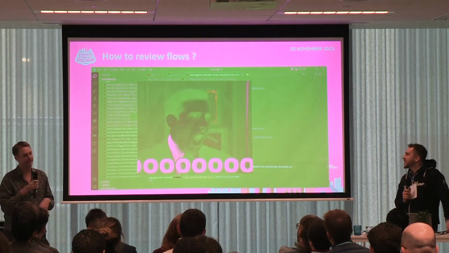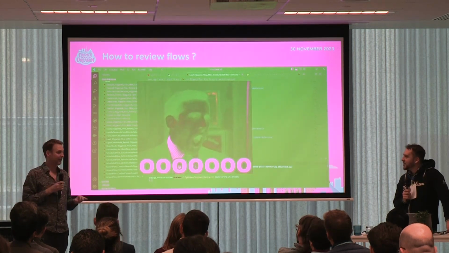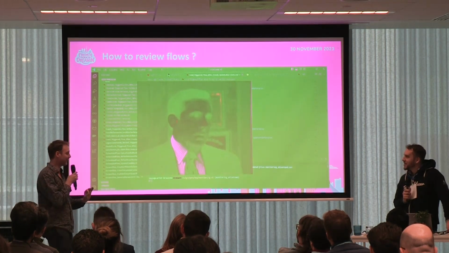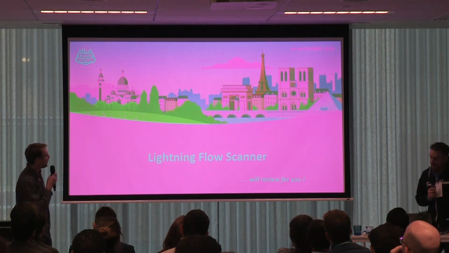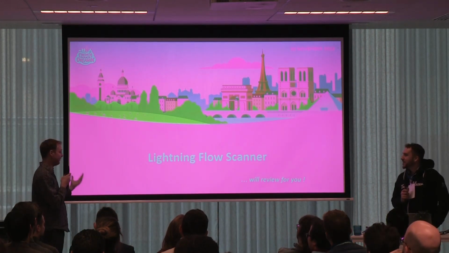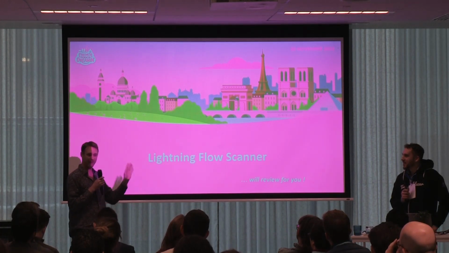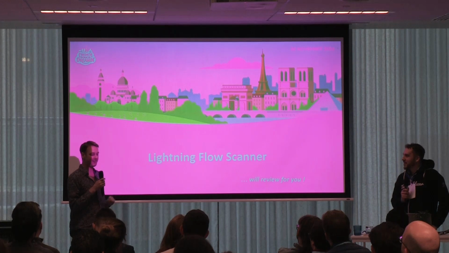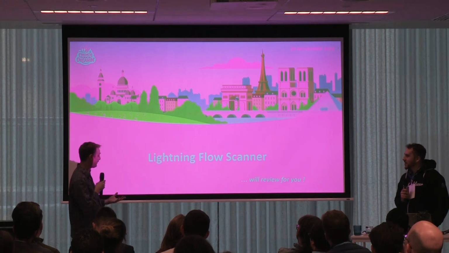XML of permission sets, okay, XML of a flow, it is simply a torture. So we don't want to do that. What we could do is use a tool that will review the XML for you. The tool will read the XML, find issues, and tell you in English the issues that have been found.